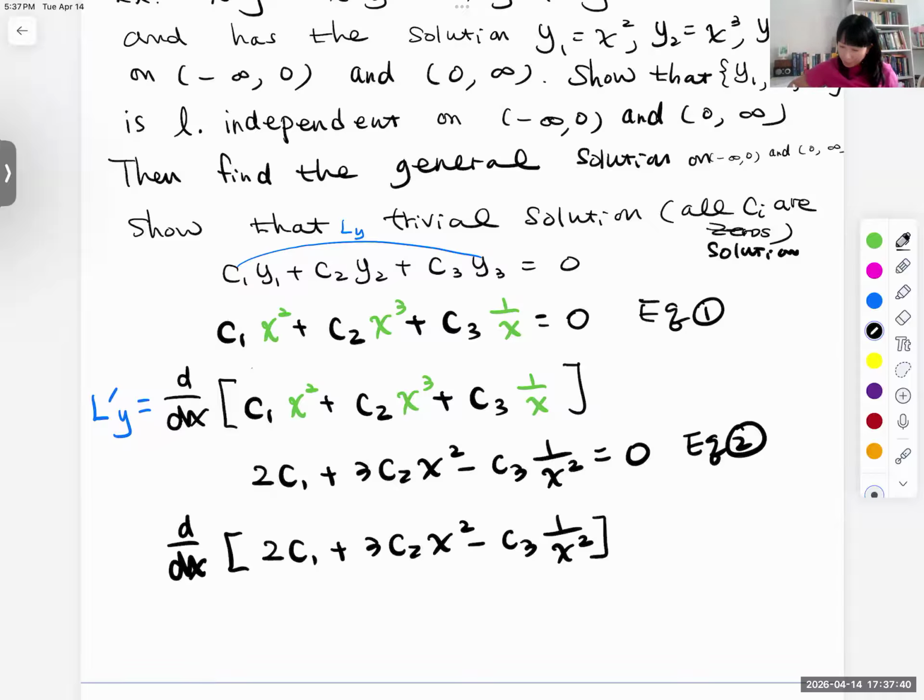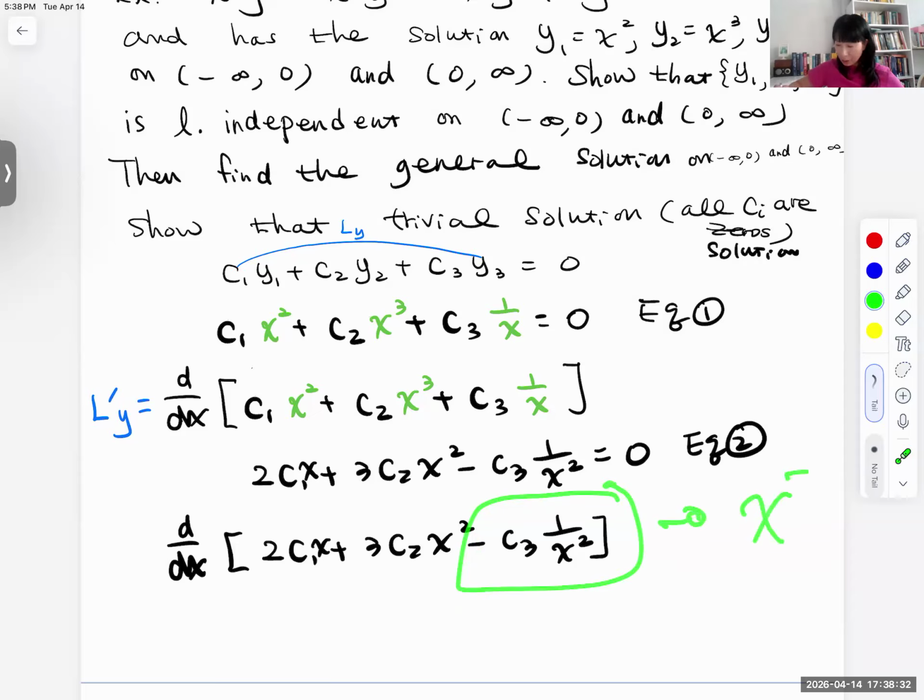Then this is 2c sub 1. Now the derivative of the second term: 3c sub 2 times 2, so 6c sub 2 times x. Now we take the derivative of the third term. We have x to the negative 2. Drop the power, so negative negative is a positive 2, c sub 3, and reduce by 1, so x to the negative 3. Make sense?